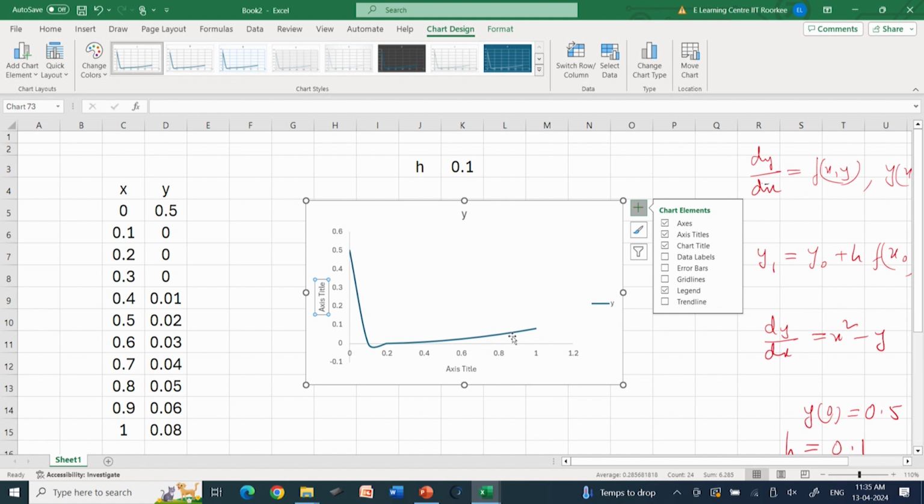See, what does this graph mean actually? So, the axis title, I just type it here.